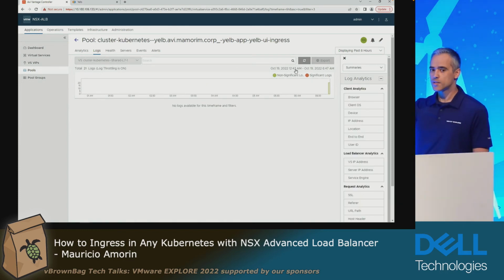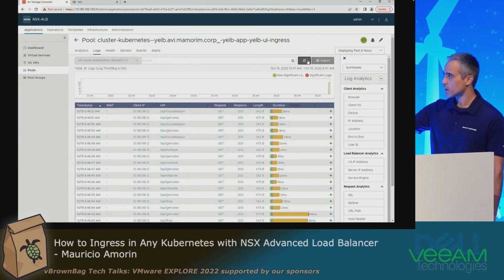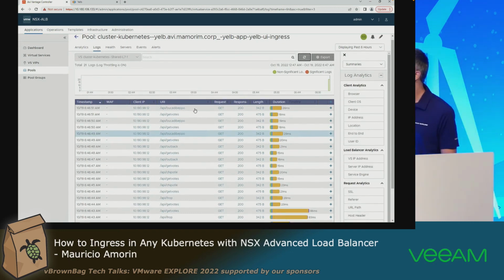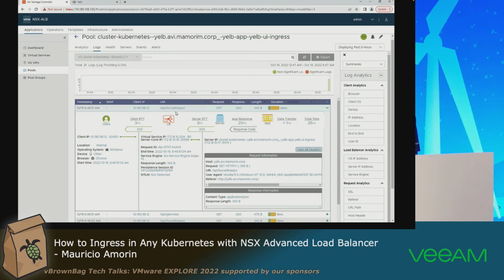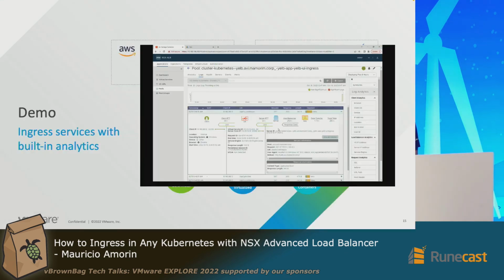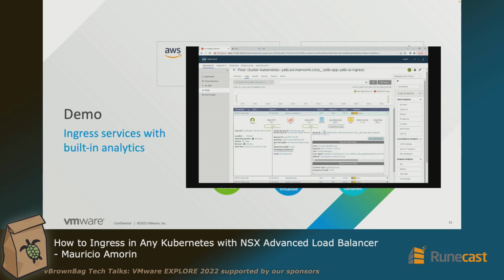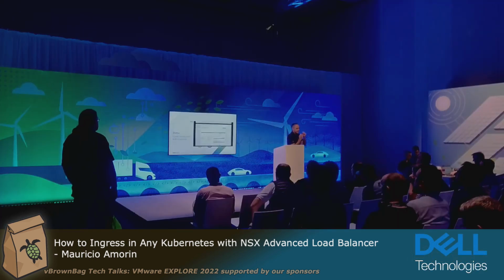For every transaction, every time I clicked, I can see end-to-end timing. So it took 26 milliseconds for each request. I can see where it came from, which server, if I had load balancing, how long it took. So I saw this is the URI. I have all this rich visibility to know how long it took.